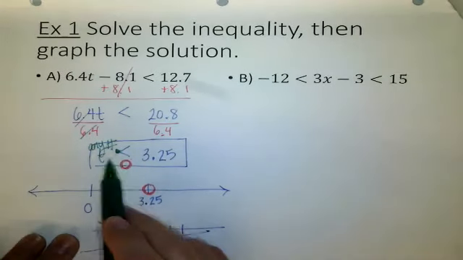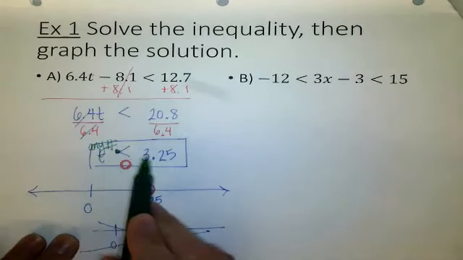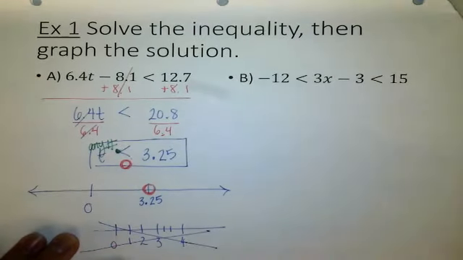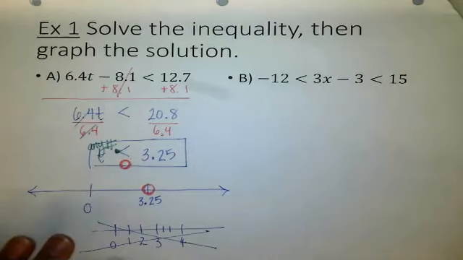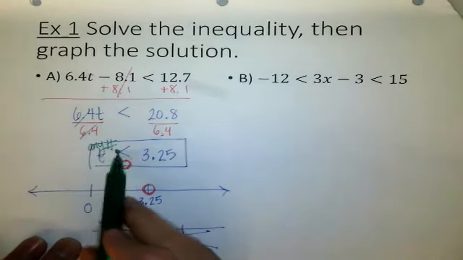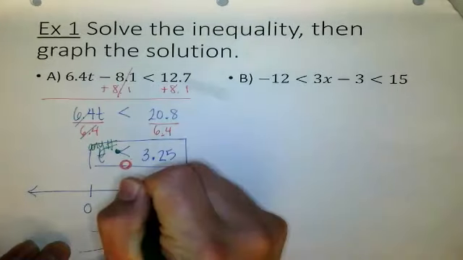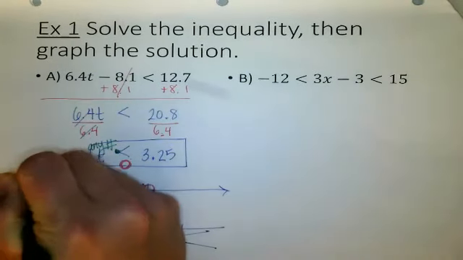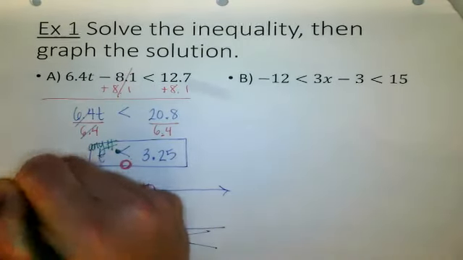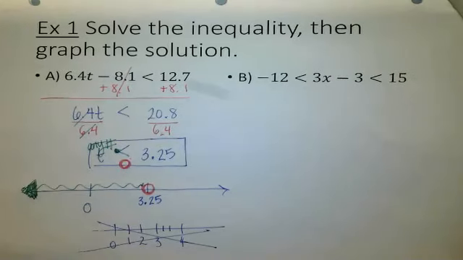So we say any number littler than 3.25. You always read from the variable side, wherever that may be, from the variable to the number. So we want any number littler than 3.25, which would be which direction? Where are the numbers littler than 3.25? To the left. So we're going to shade to the left. I like to do a squiggly line just so it shows very clearly where we're shading. Nice big arrow.